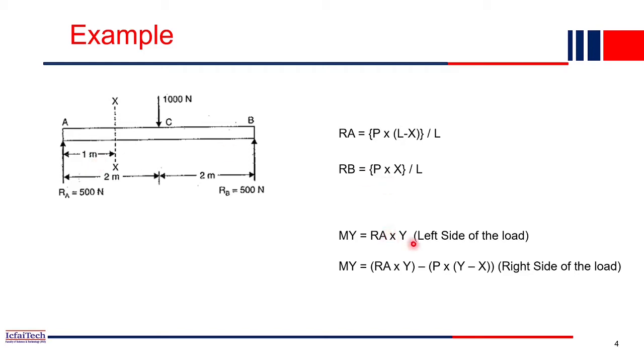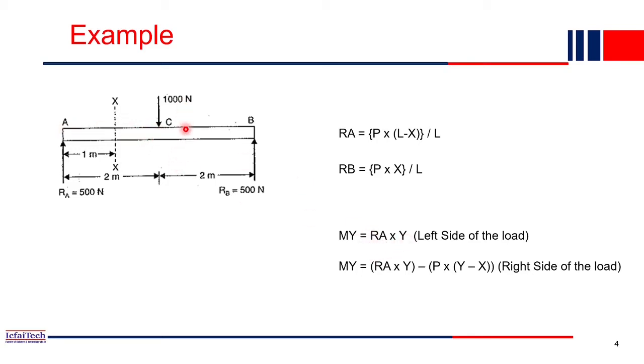That's why Ra into y will give the moment at this section. This equation will be valid until the load is on the right side. So from the left side of the load, from the A to C region, this formula is valid.